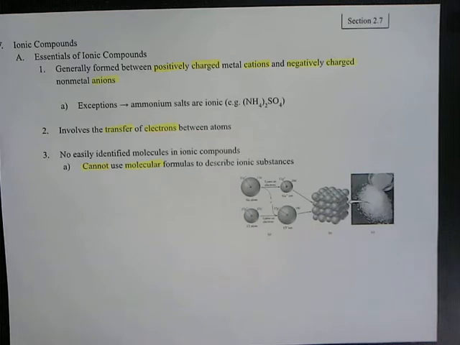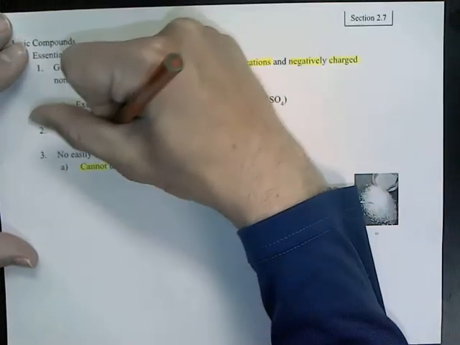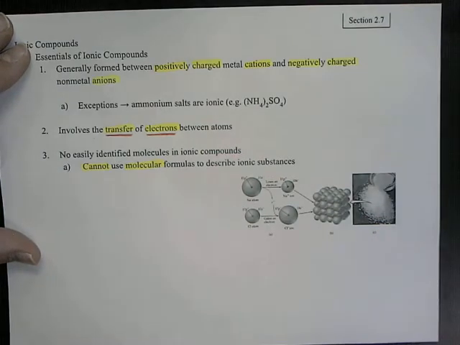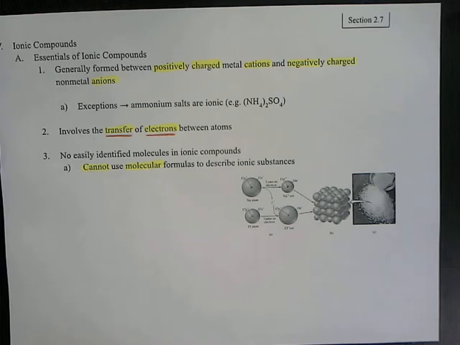Now, the important thing about ionic compounds and ionic bonds is they transfer electrons. Okay, that's a really important concept that we need to understand. The electron is transferred from one atom's orbital to another atom's orbital. Okay, so you're giving it or you're taking it away.